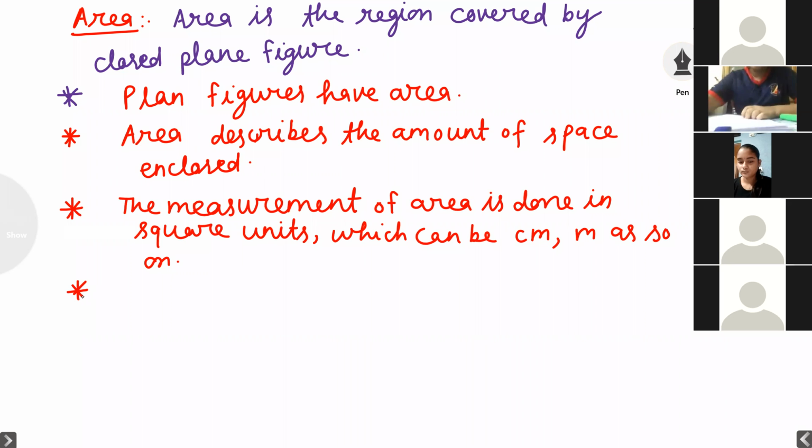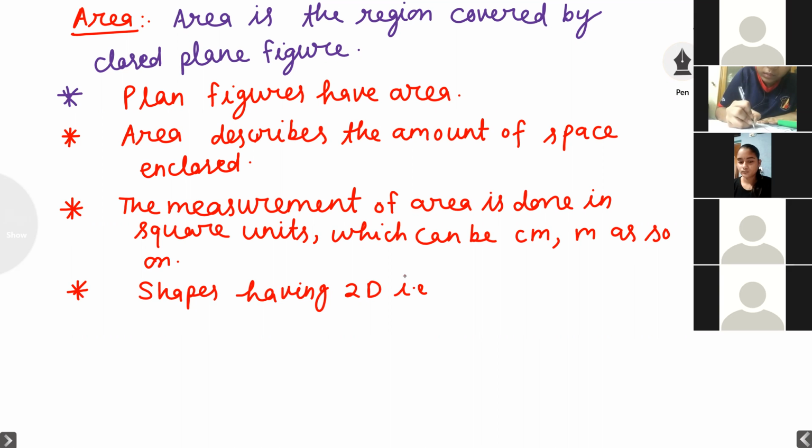Next star point: shapes having two dimensions, that is length and width, have area. Two dimensions means 2D, that is length and width.